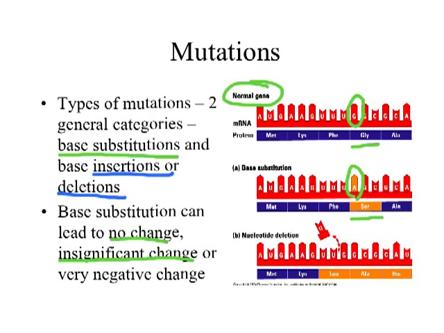Or we can get a completely different, drastic change, where a hugely different amino acid is being coded now, that's going to change the primary, secondary, tertiary, and quaternary structures of the protein and totally change its function. So it just depends on where the substitution takes place within a codon.